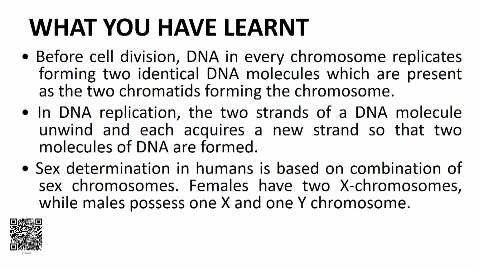Before cell division, DNA in every chromosome replicates, forming two identical DNA molecules which are present as the two chromatids forming the chromosome. In DNA replication, the two strands of a DNA molecule unwind and each acquires a new strand so that two molecules of DNA are formed. Sex determination in humans is based on the combination of sex chromosomes. Females have two X while males possess one X and one Y chromosome.